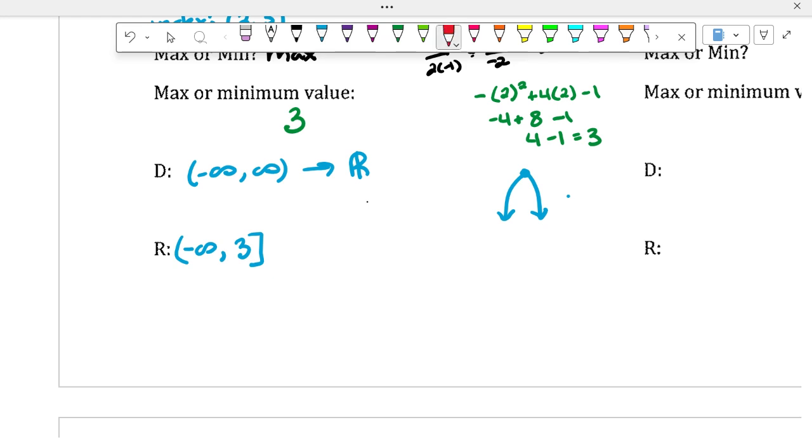So you could write it that way, or I would also take y is less than or equal to 3. Because 3 is the biggest value, meaning all y values have to be less than it or equal to it. So guys, that's another thing. Domain and range you can also find as long as you know what the vertex is. And if you know whether it's a max or a min. Very, very easy to do.